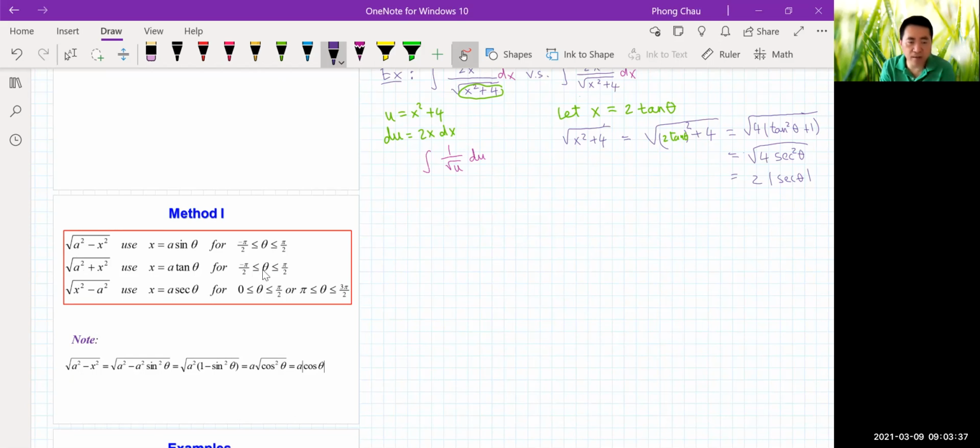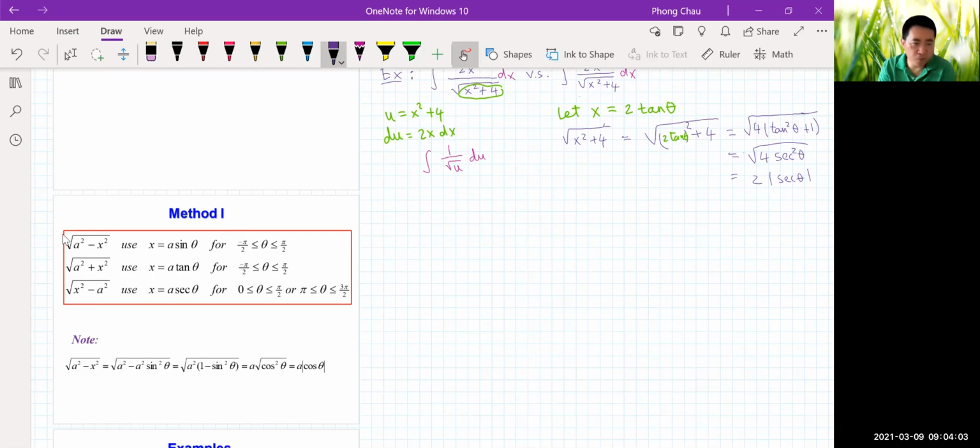I also define theta as between negative pi half and pi half. This would guarantee the secant comes out positive. That way you don't need the absolute value bar, and you can easily integrate, right? You don't have the absolute value bar if you know it's positive.